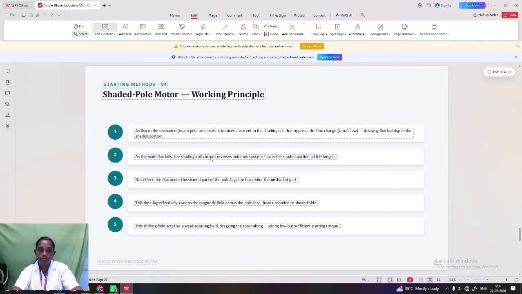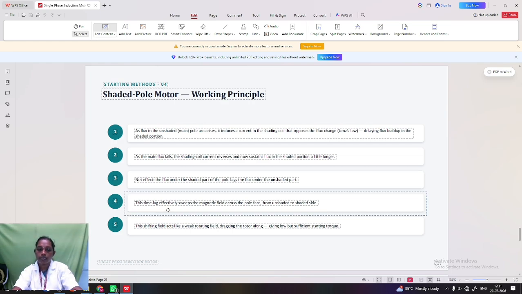Here is the working principle. As flux in the shaded pole area rises, it induces current in the shading coil that opposes the flux change according to Lenz's law. So it delays the flux build up in the shaded portion. As the main flux falls, the shading coil current reverses and now sustains flux in the shaded portion a little longer. Net effect: the flux under the shaded part of the pole lags the flux under the unshaded part.